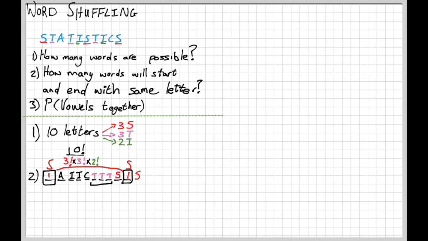So, let's start. If I forget about the ones in cement, the ones at the end, in the middle I have 8 different letters with a few repetitions. So I've got to take away again the 3 T's that repeat themselves, as well as the 2 I's that repeat themselves.